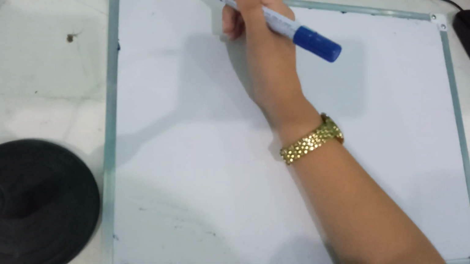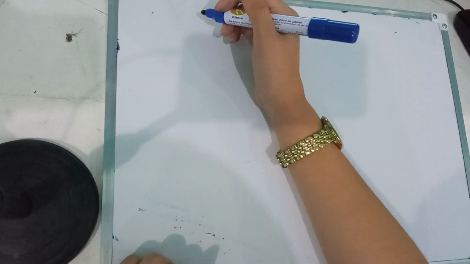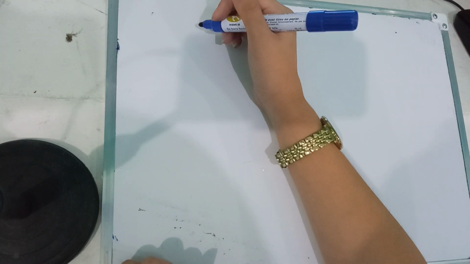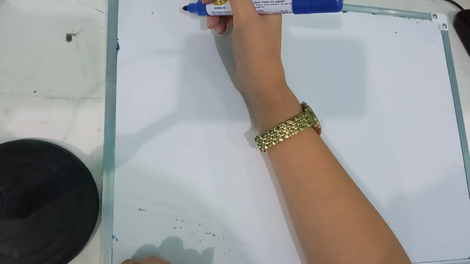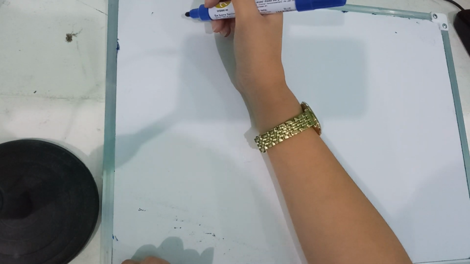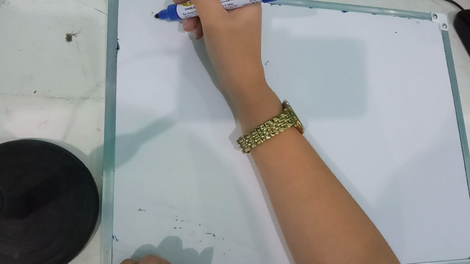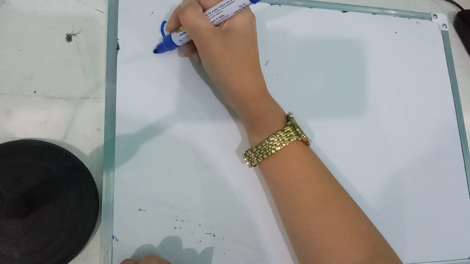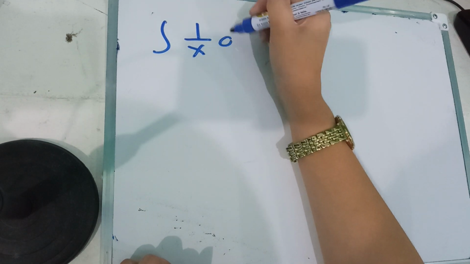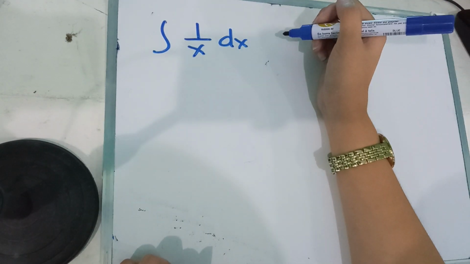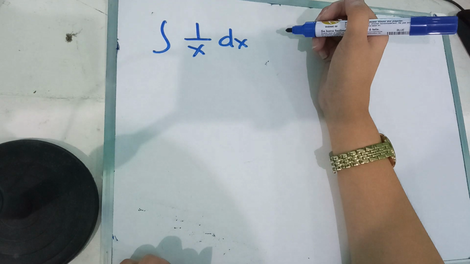By the way, for the first rule, for the integral of natural logarithm, one time one of your classmates asked me, if for example we have the integral of 1 over x dx, can we apply the power rule for the integrals?